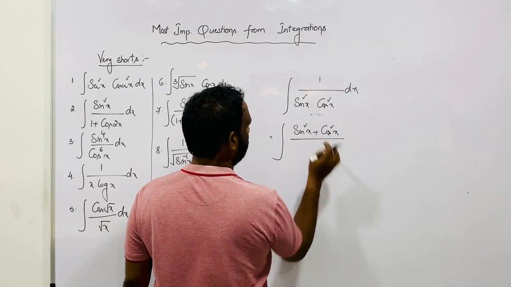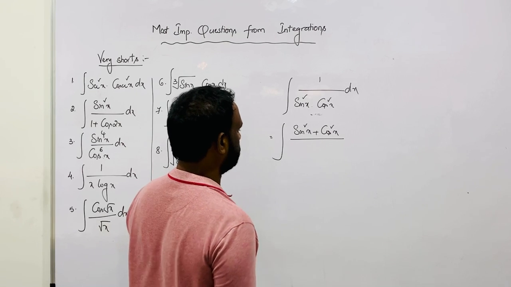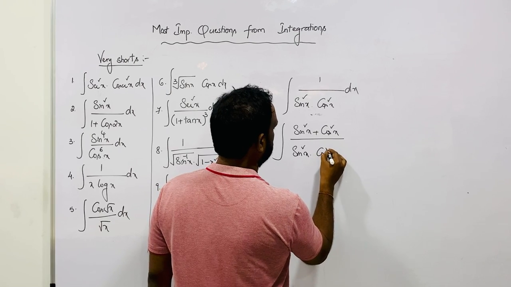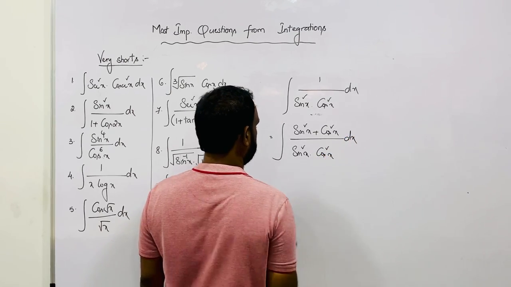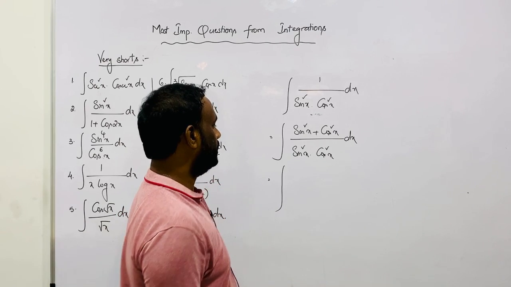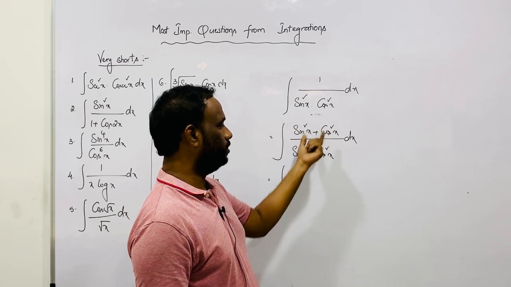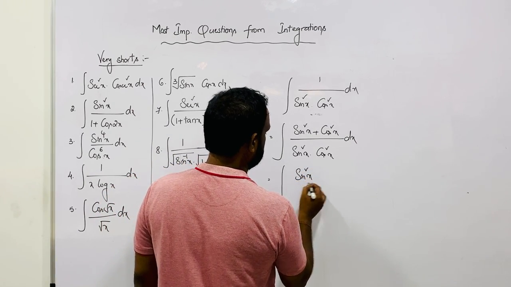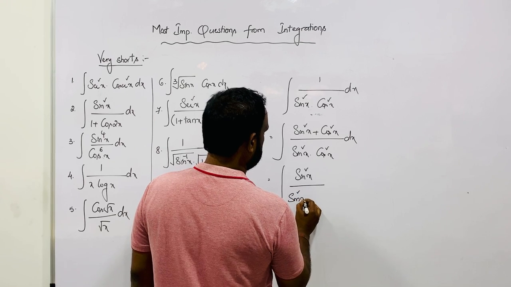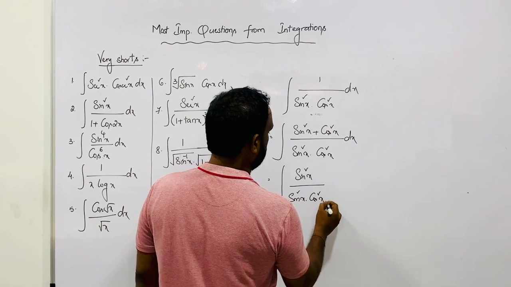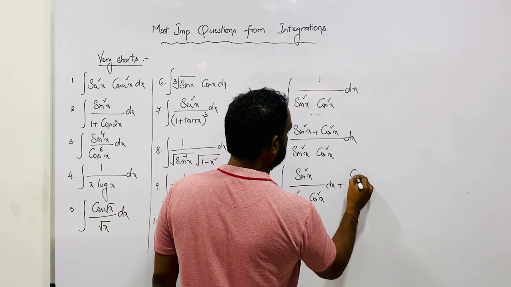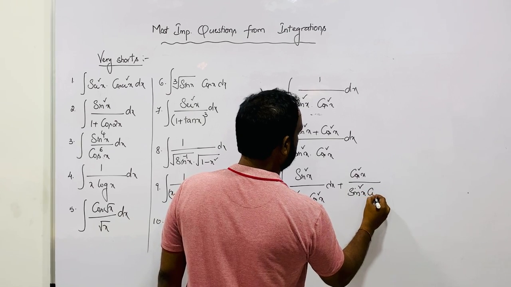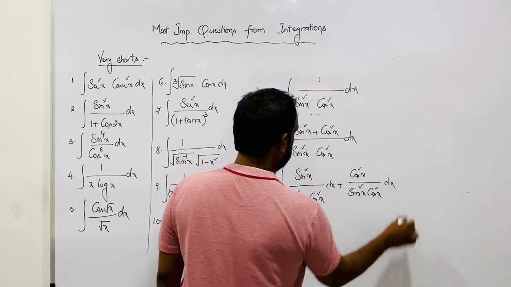From that, 1 is replaced by sin square x plus cos square x divided by the same quantity, that is sin square x into cos square x dx. Now in the next step, let us distribute the denominator to the two terms of the numerator, that is sin square x by sin square x into cos square x dx plus cos square x by sin square x into cos square x dx.